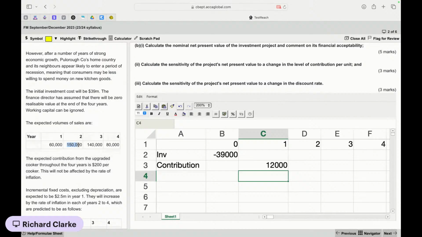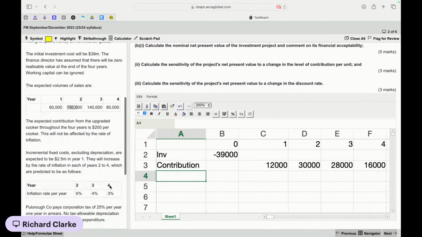Year 2, we've got 150,000, so it'll be 150 times 200. Year 3 would be 140 times 200, and year 4 would be 80 times 200. And as I say, I'm doing this live, so we could be getting bits of this wrong, but let's see. So that's for that bit.